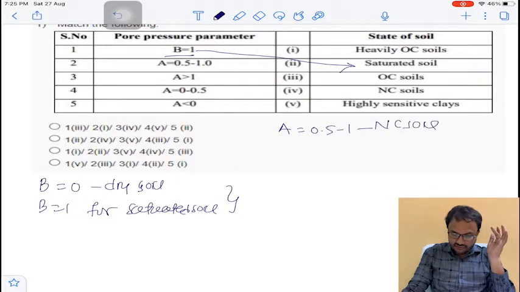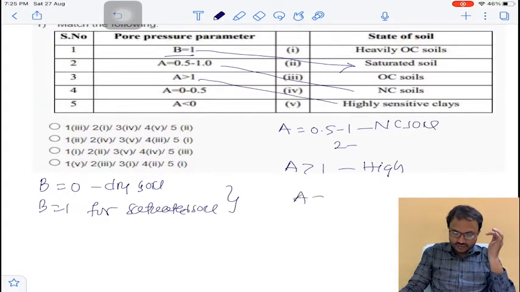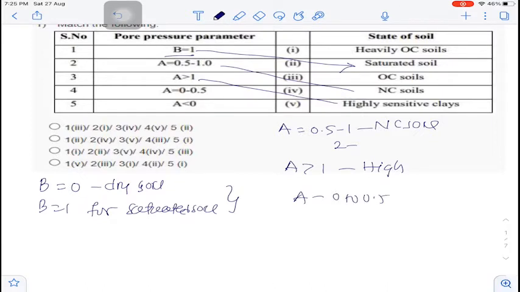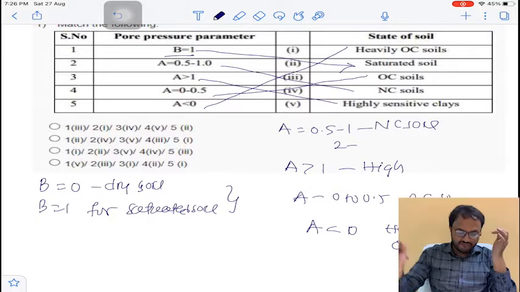So this is 2 for 4, and A greater than 1 for highly sensitive soil, that is this one, and A is equal to 0 to 0.5 for over consolidated soil, this one, and A less than 0 for heavily over consolidated soil. So this is the option. So answer B for question number 1.